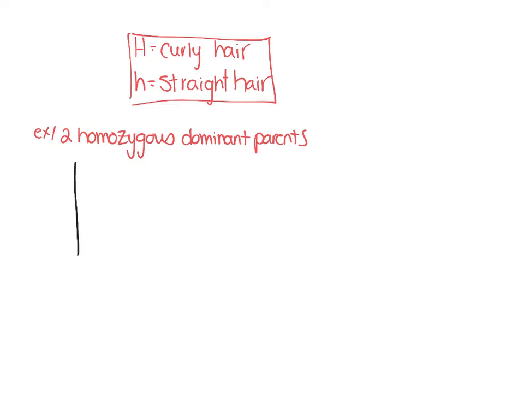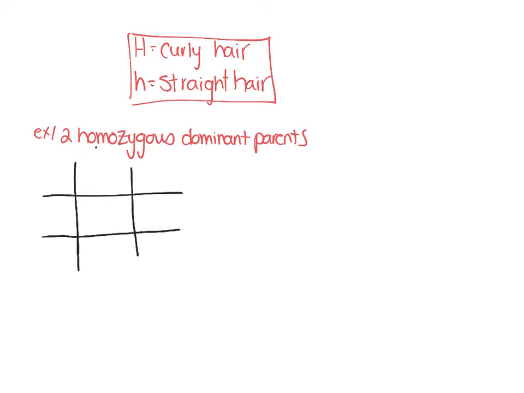So let's try an example where we have 2 homozygous dominant parents. So to draw a Punnett square, we're just going to simplify what we just had into something like this.